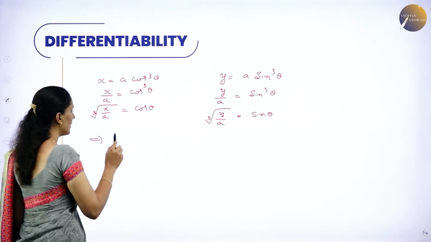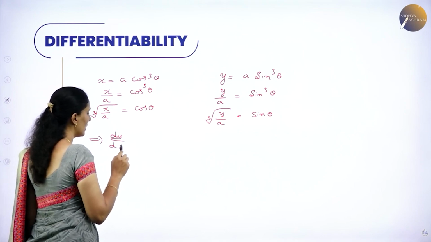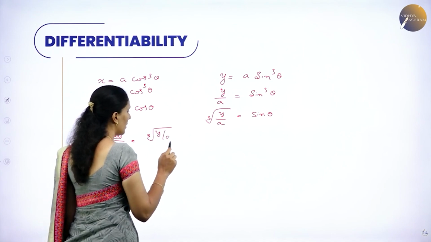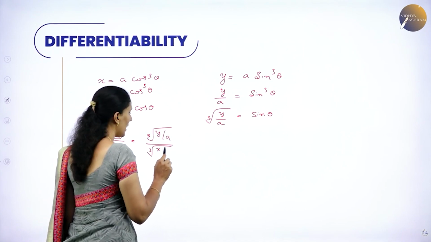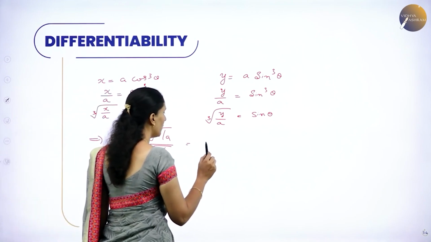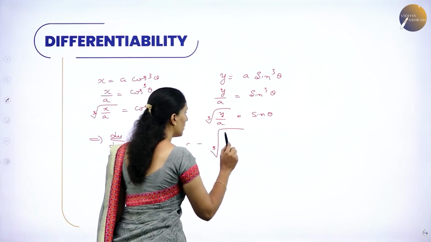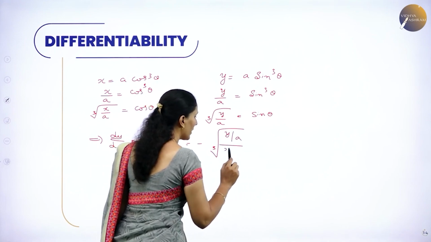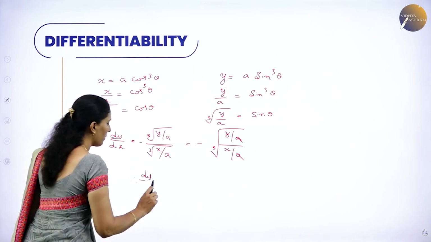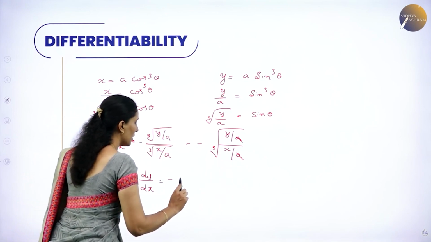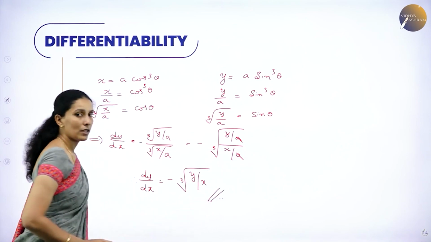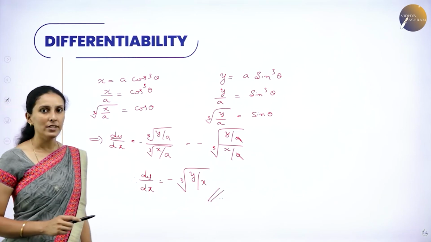So dy by dx is equal to minus cube root of y by a divided by cube root of x by a. The a over a gets cancelled. So therefore dy by dx can be written as minus cube root of y divided by x. Hence the equation is proved.